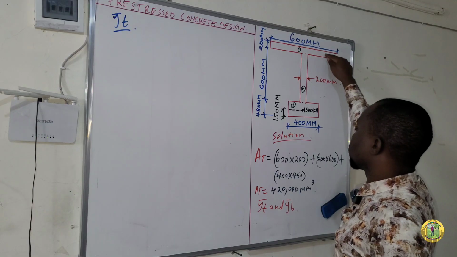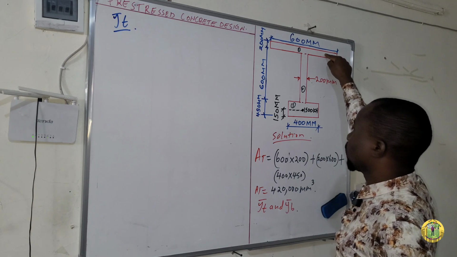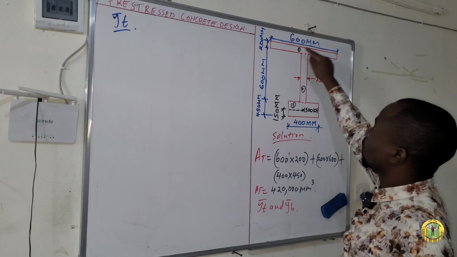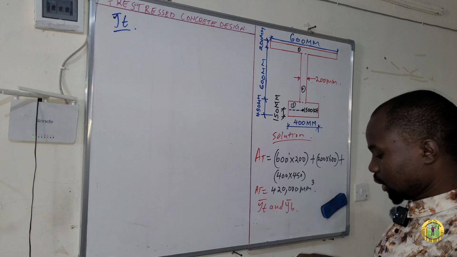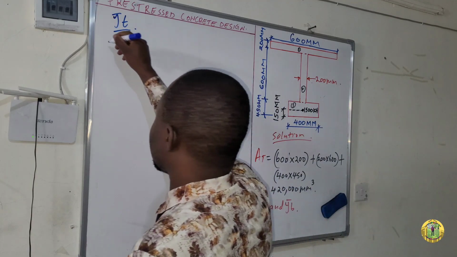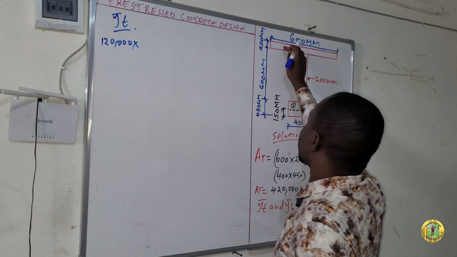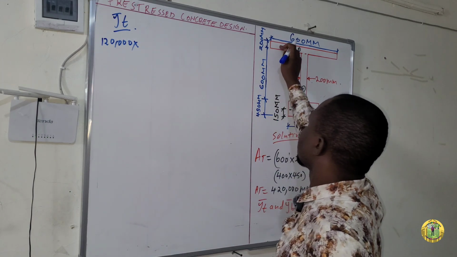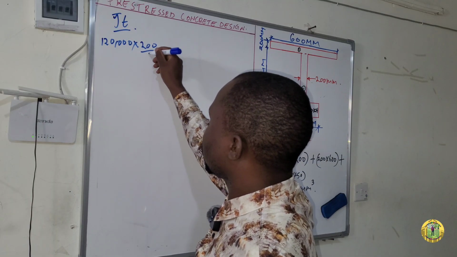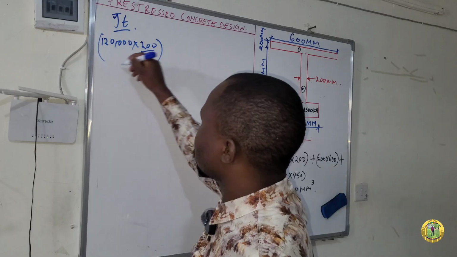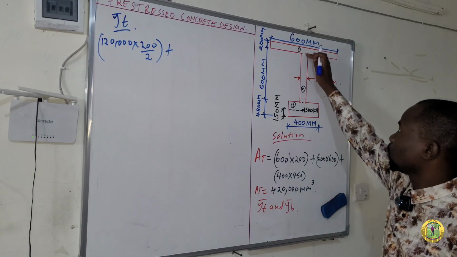So we will start from here as we proceed to the bottom. We start with the area and y bar of the first figure. The area of this first figure is 200 times 600, which is 120,000. So this is 120,000 times the y bar of figure number 1, which is 200 over 2. Then plus the second figure, this one from here to here.